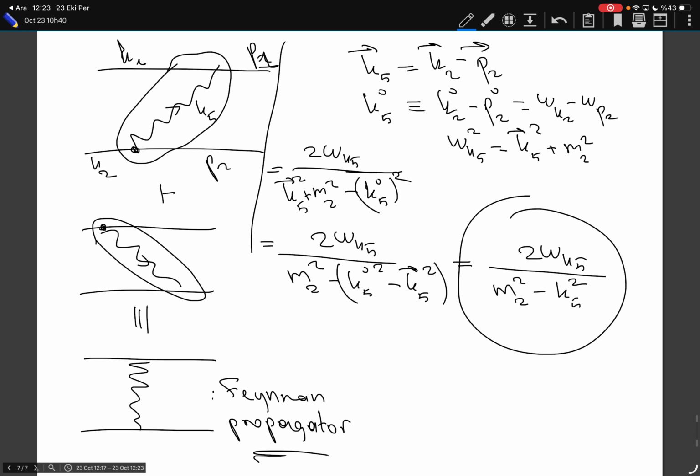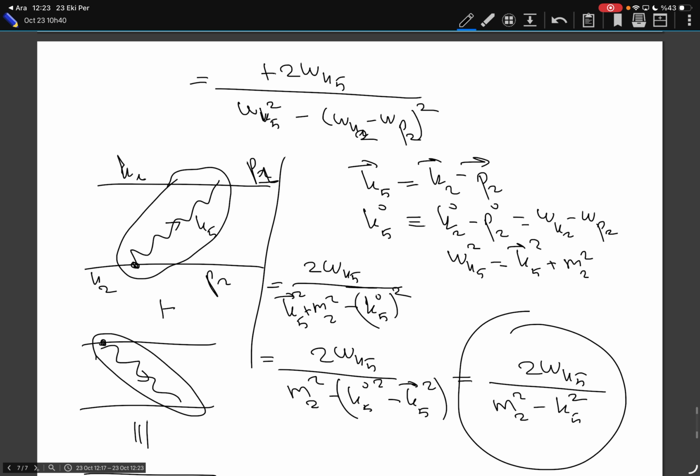K5 squared is the 4 vector squared. We only had the conservation of the 3 momentum. But now we define a 4 momentum. We assign a 4 momentum. The particle doesn't have this 4 momentum, but we assign a 4 momentum to this particle in the intermediate state and impose 4 momentum conservation at each vertex.